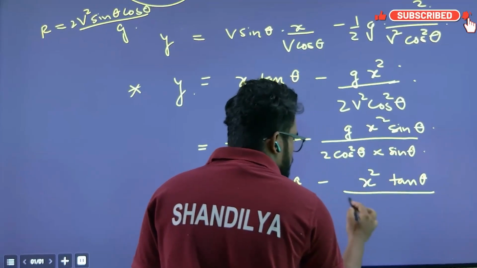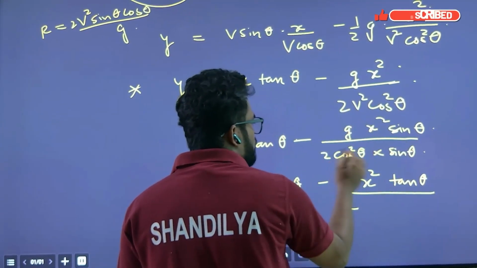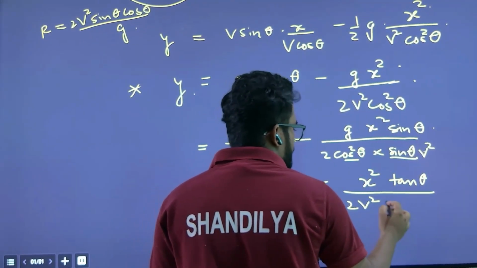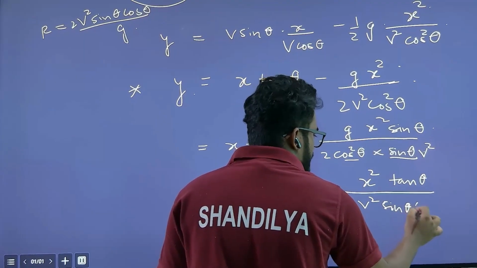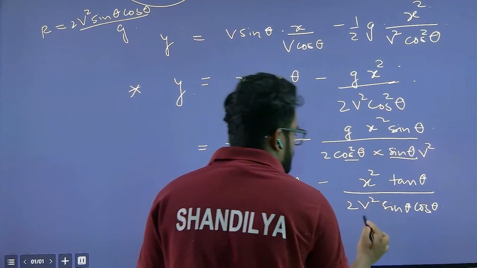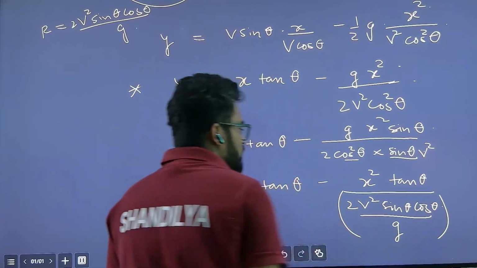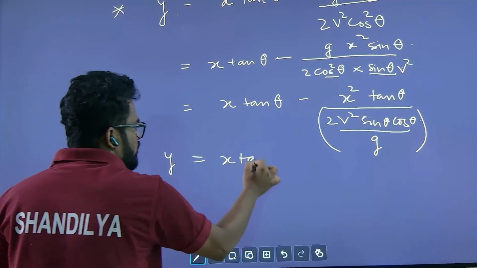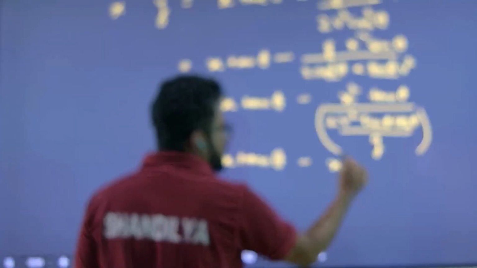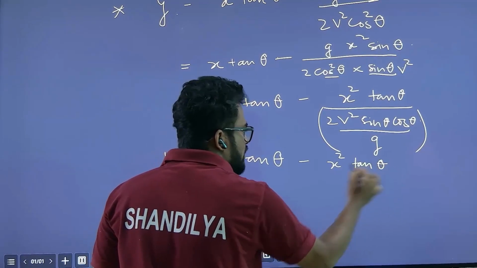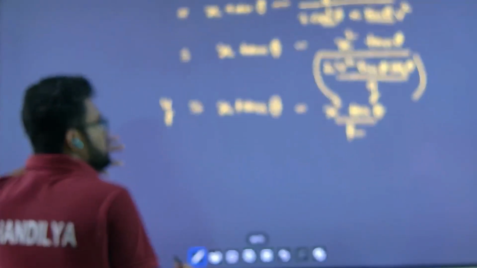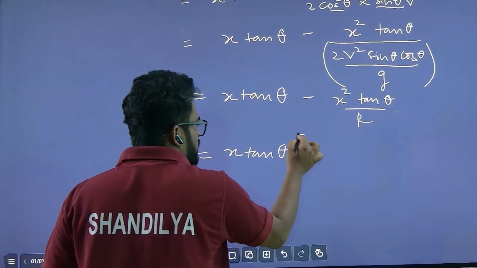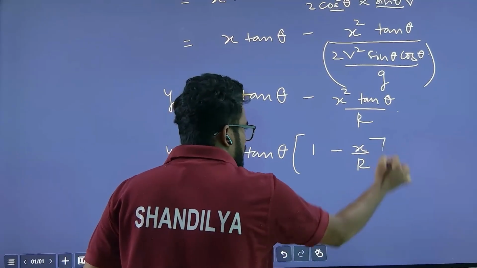Now 2 v square is also there, so 2 v square sine theta cosine theta, and this g would jump downward, and that is basically the range. So tell me, y equals how much? X tan theta minus x square tan theta by R. So simply y equals x tan theta common, 1 minus x by R.